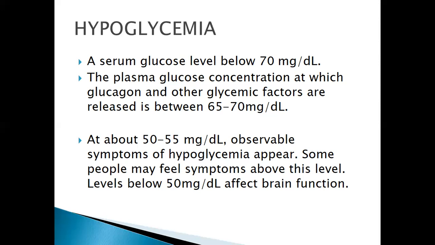What's the action of glucagon? Glucagon is released from your alpha pancreatic cells, and its action is to induce gluconeogenesis, or glucose formation or glucose production.